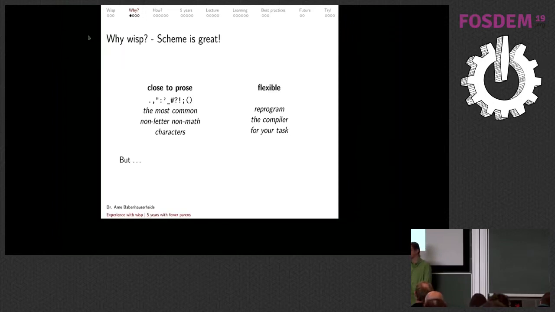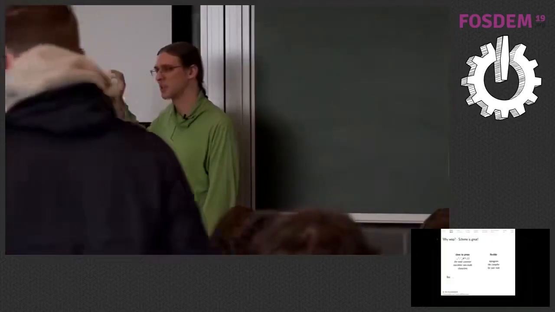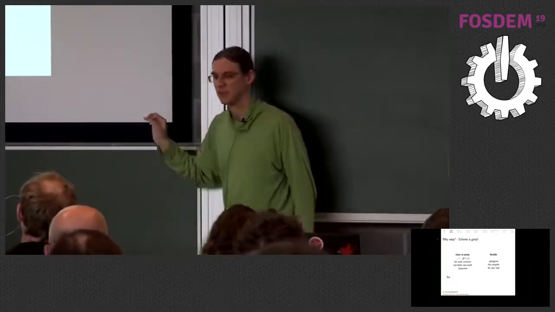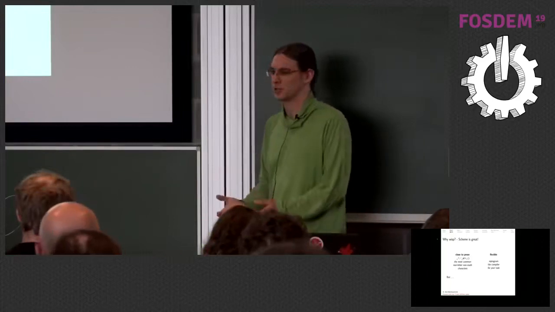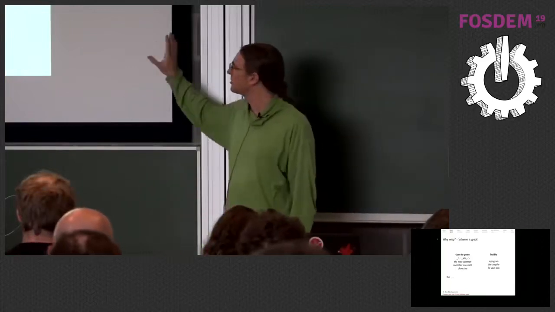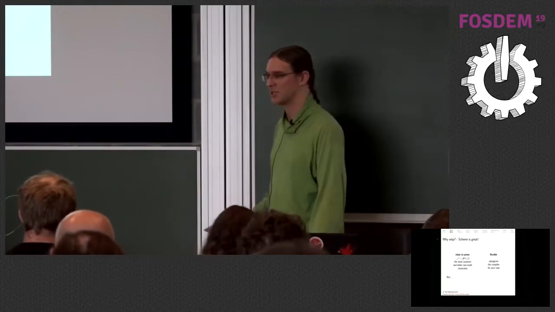I actually looked at newspapers and books and so on. So this period, comma, quotes, colon, and so on, this is the order of how common the characters are. And these are just the characters used in Scheme and Lisp. So when you're looking at that, it is really close to just looking like prose. And also, it is flexible enough that you can program your compiler at runtime. So you can actually build everything without relying on the compiler developer.